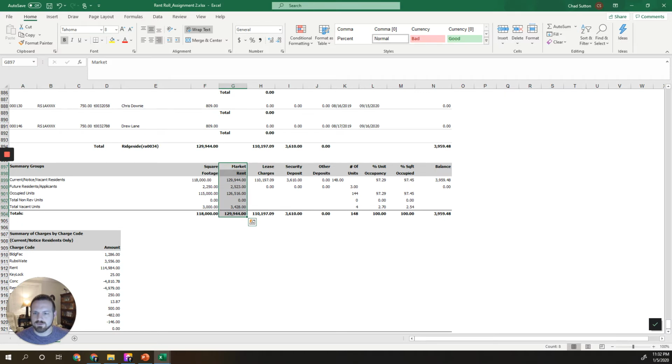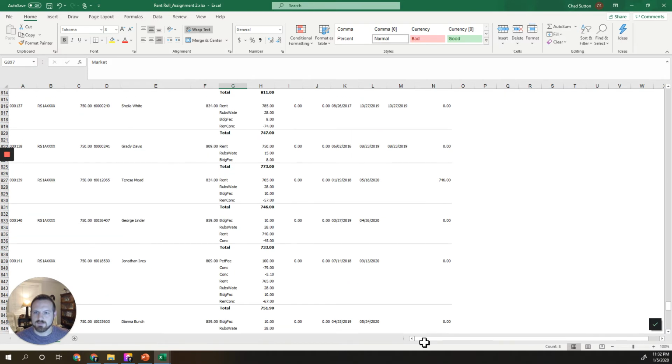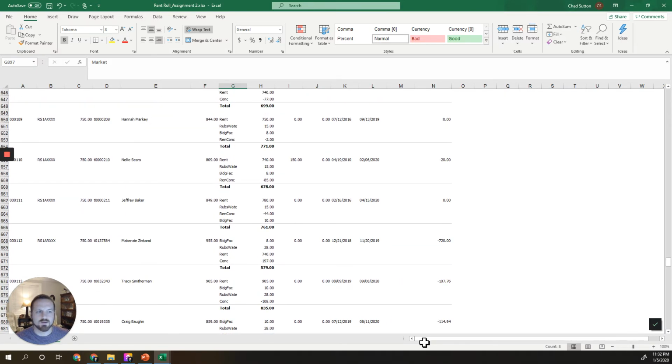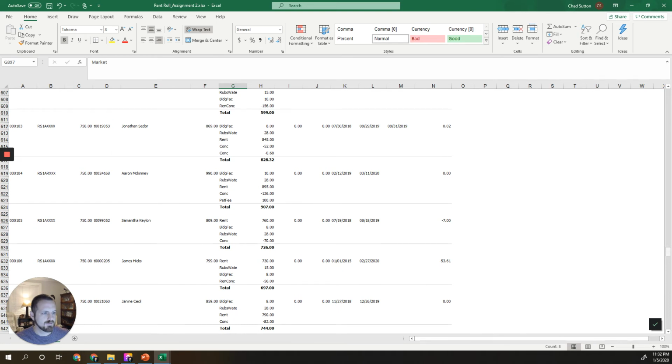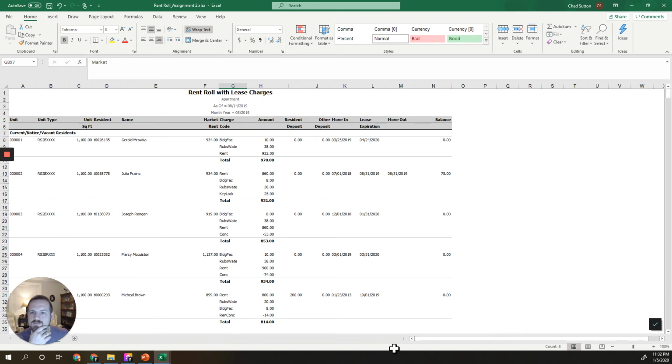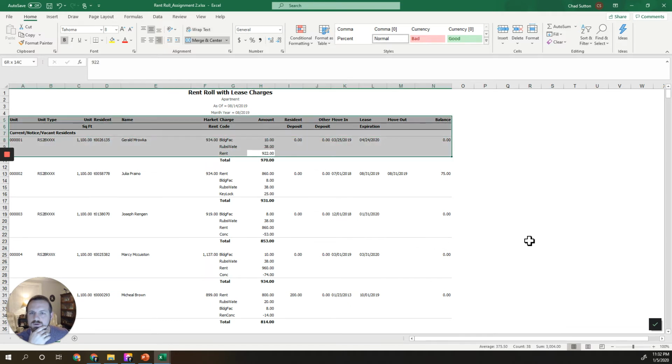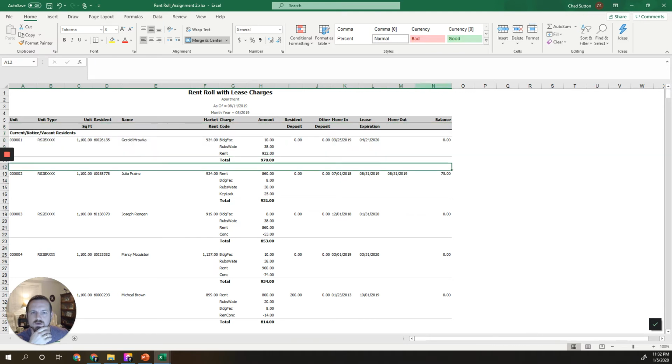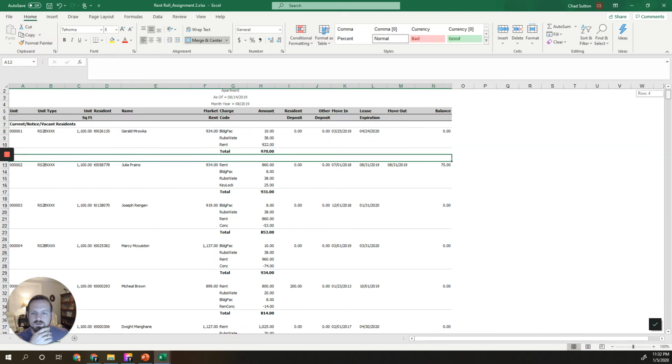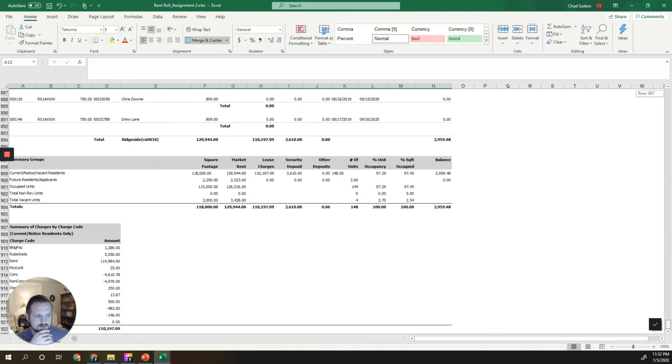Sometimes they're done a little screwy. Let's scroll back up. What were these columns here at the top? So column G, this is market rent, and this is where rent would be under amount. So column H. So if we go back down to the bottom here, column H. Okay.